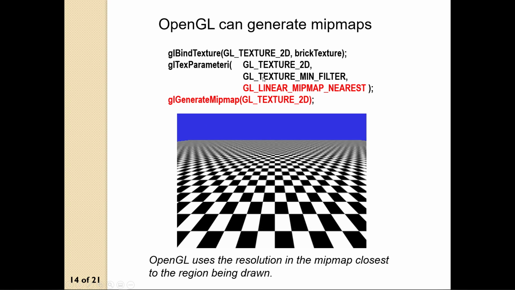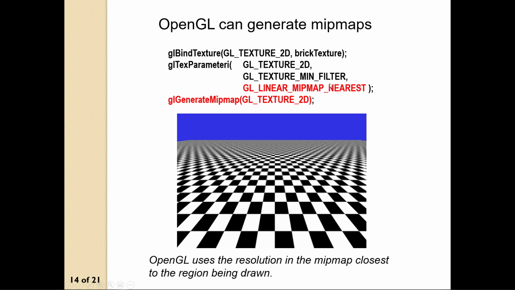So we can choose whether or not we want to generate mipmaps, and it's going to do some of the work for us, the heavy lifting in terms of figuring out what mipmap level to use. So we can bind a texture just like we did, but we can also set it to be using mipmapping. There's a number of different ways. You can also say what sort of filtering you are doing to generate the mipmap.